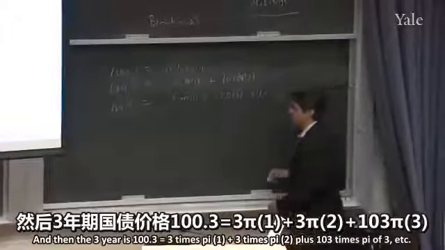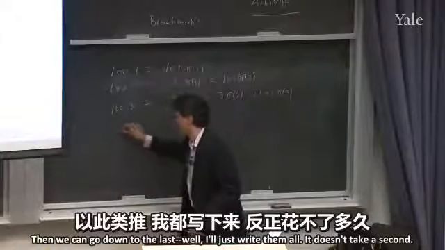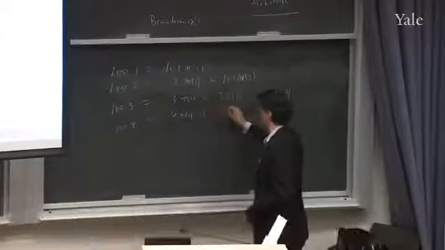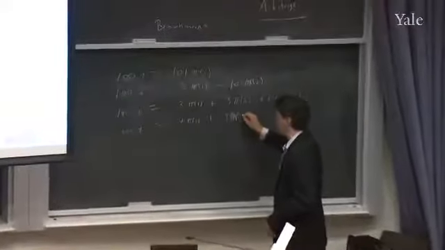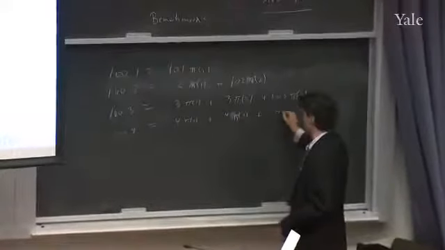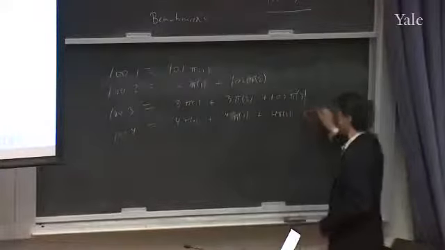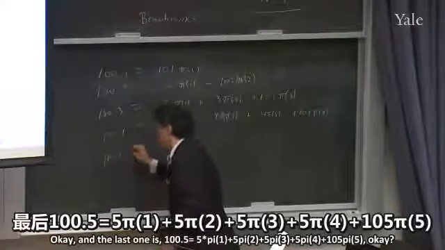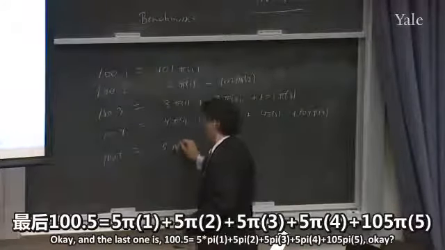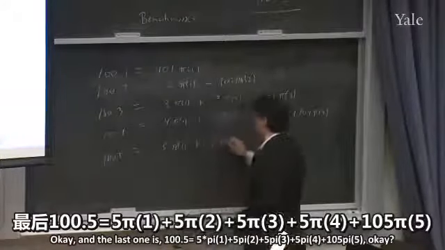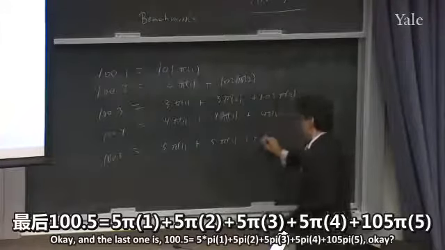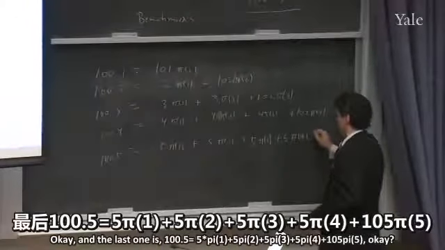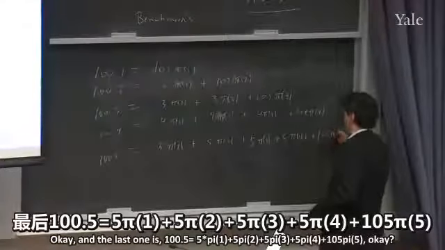Okay, so, etc. And then we can go down to the last one. I'll just write them all. It doesn't take a second. And the last one is 100.5 equals 5 times pi 1 plus 5 pi 2 plus 5 pi 3 plus 5 pi 4 plus 105 pi 5.